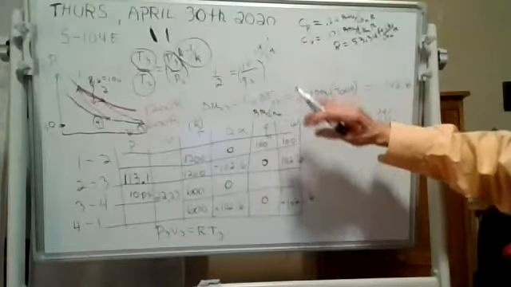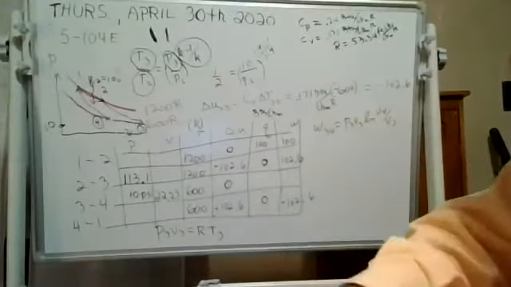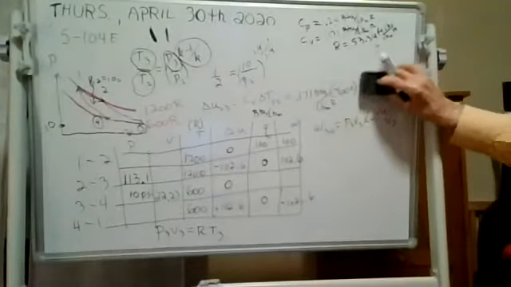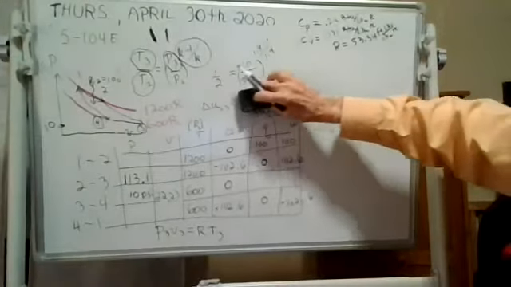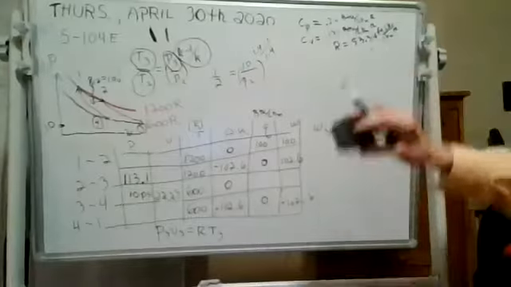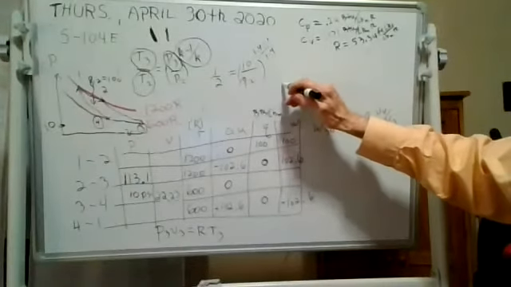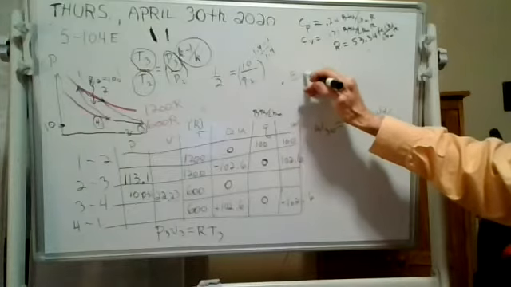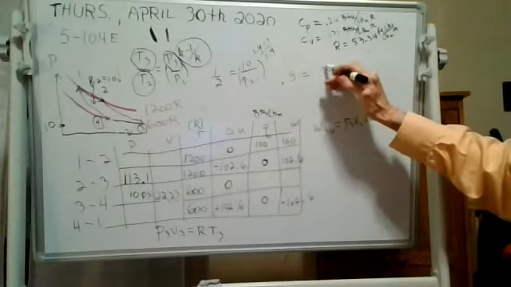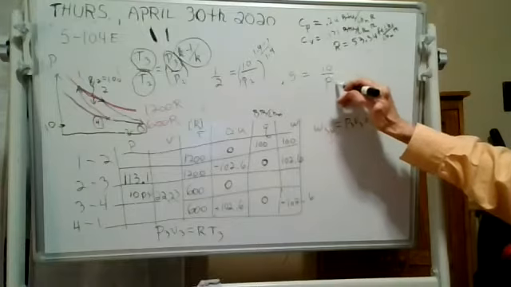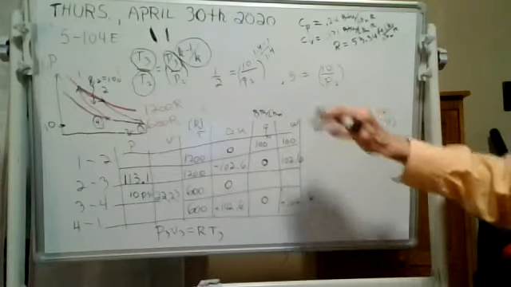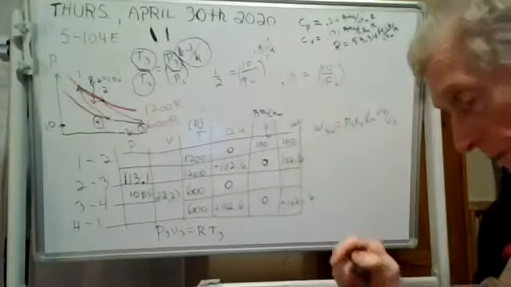I'm going to write it out. We'll sacrifice a little room here. Okay, we have 0.5 equals 10 over P2, raised to the power.